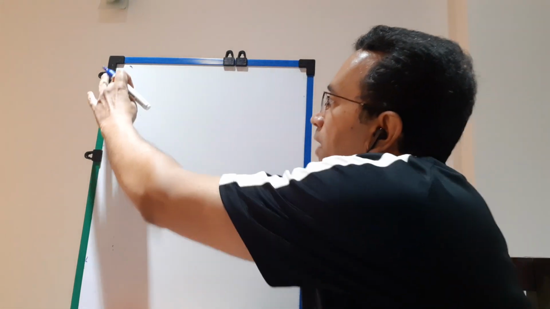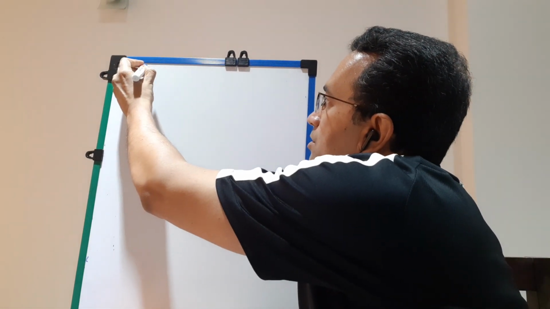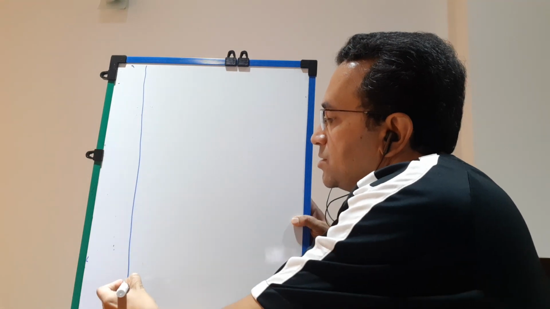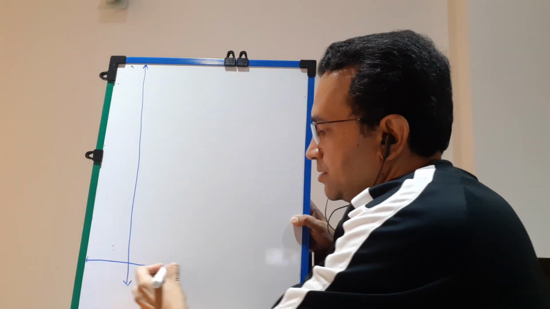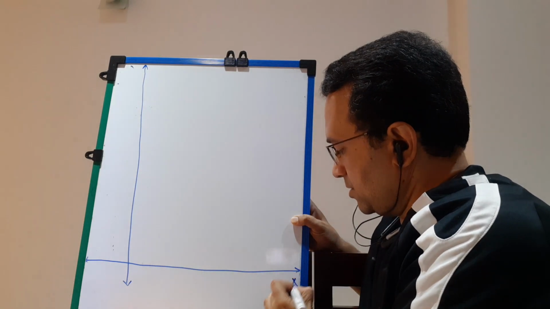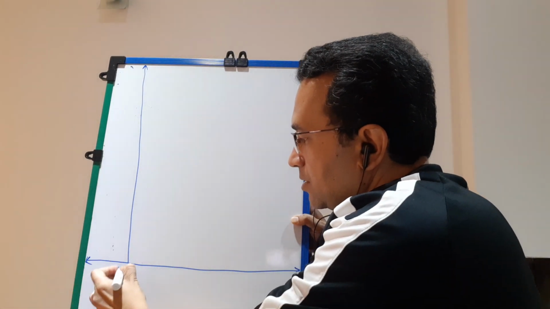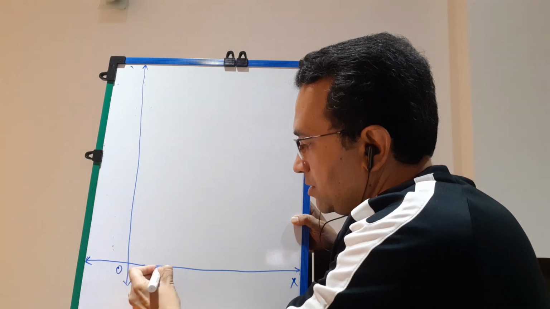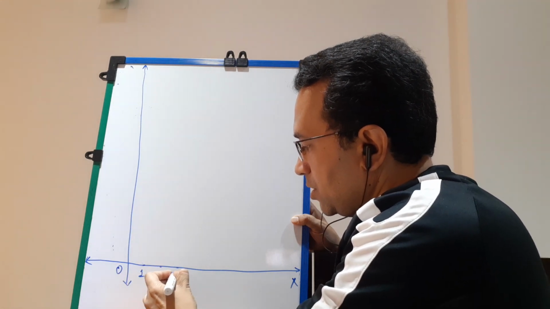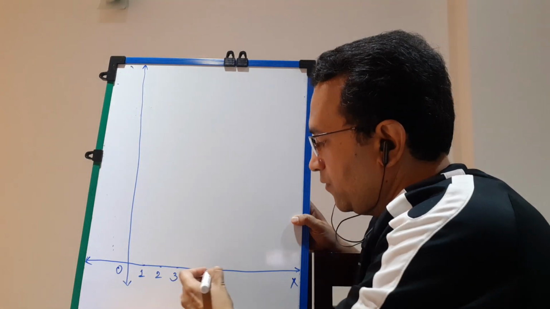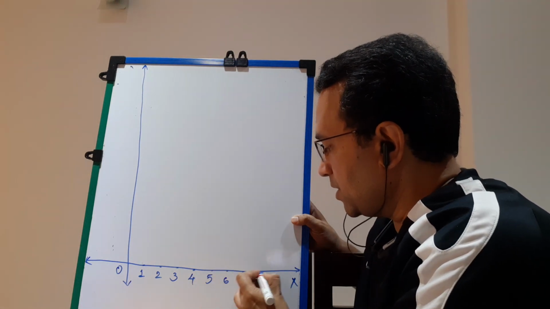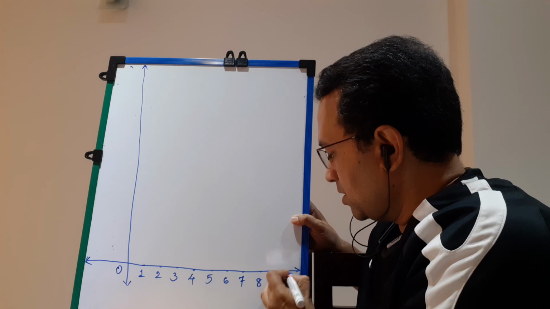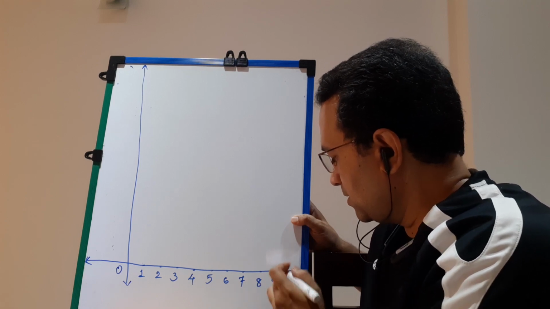So if I draw the y-axis, students, so this is the y-axis, and say this is the x-axis. Say this is 1, 2, 3, 4, 5, 6, 7, 8, 9, 10.